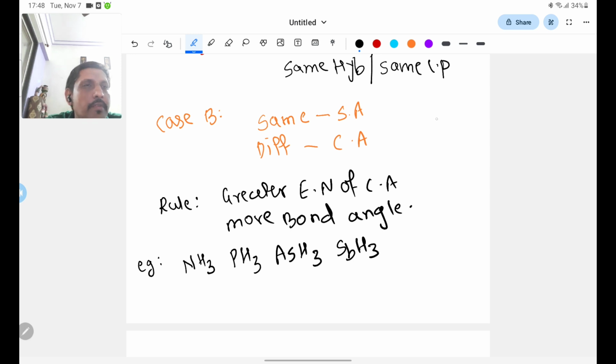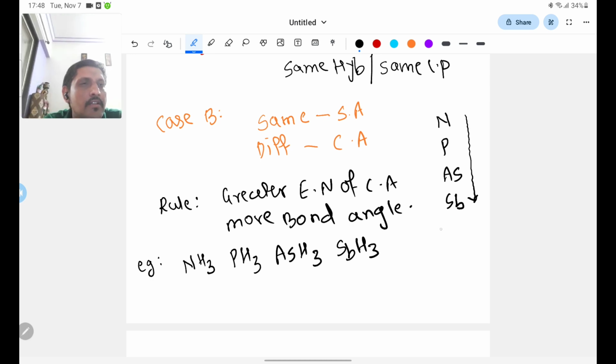Now as you know, in the periodic table, nitrogen, phosphorus, arsenic, antimony, as we move from top to bottom, what happens? The electronegativity decreases. And because electronegativity decreases, what will happen to the bond angle? The bond angle also decreases.